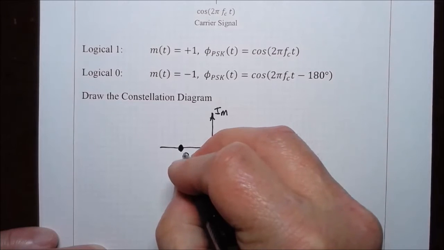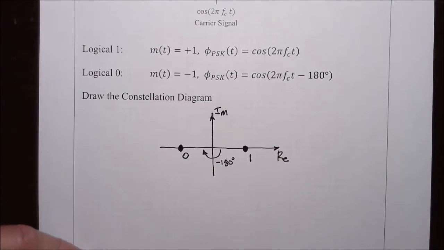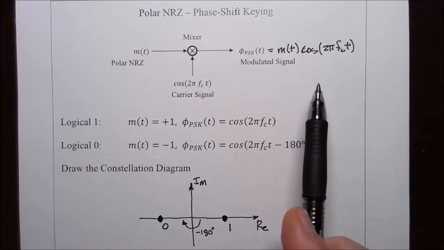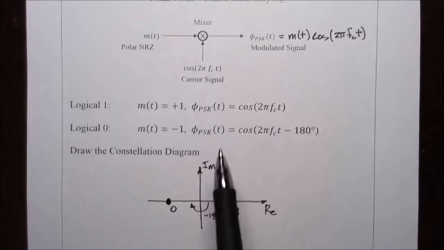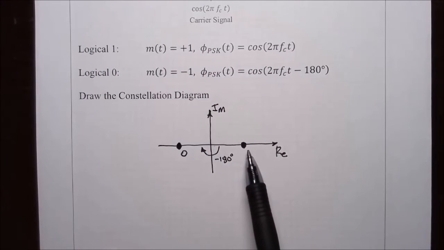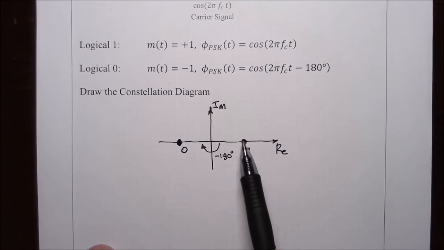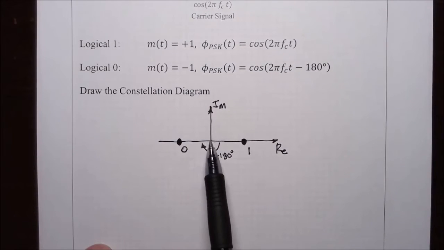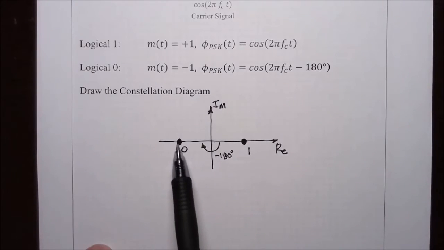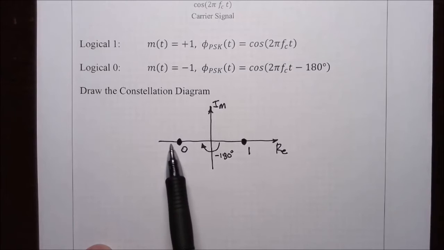This is for a logical 0. So we can describe this phase shift keyed signal in terms of its constellation diagram. The point for logical 1 is along the real axis, a value of 1 from the origin, and for logical 0, it's this point at -1 along the real axis.